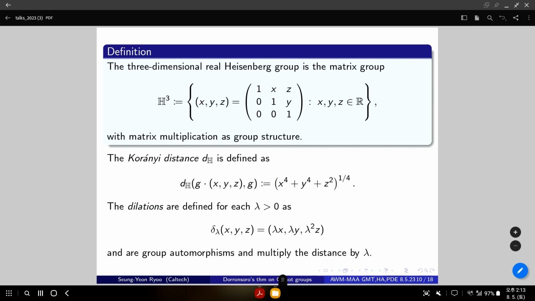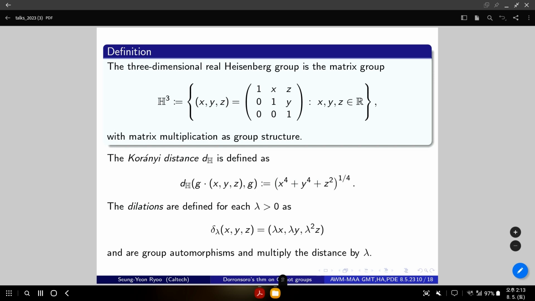To put some spice on this, we can define a distance on it called the Korányi distance, where the distance between (x, y, z) and the identity is (x⁴ + y⁴ + z²) to the 1/4 power. It's a left invariant distance, in the sense that if you multiply both points on the left by something, it will preserve the distance.